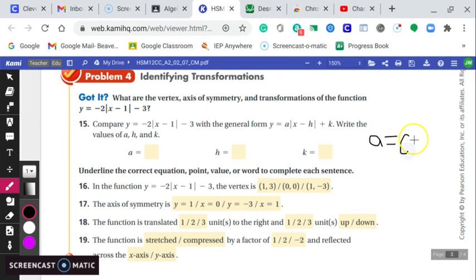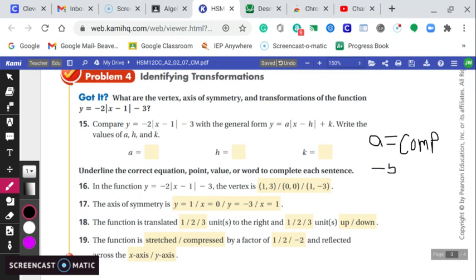This is your compression right here. Sorry, my typing's a little slow. And then your H right here, negative H is going to be your X marker there.